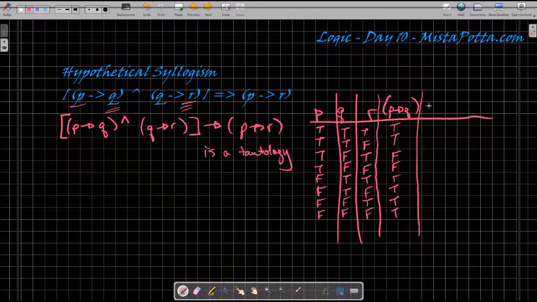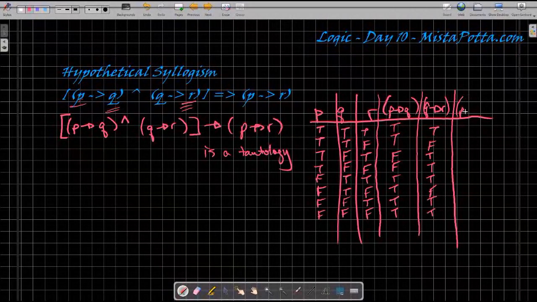I've got Q conditional R, which is also only false when the antecedent is true and the consequent is false. But that happens on the 2nd and 6th row. So I've got true, false, true, true, true, false, true, true.